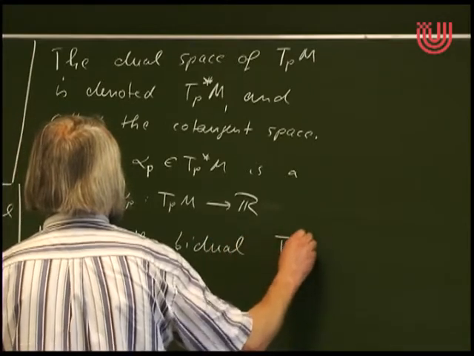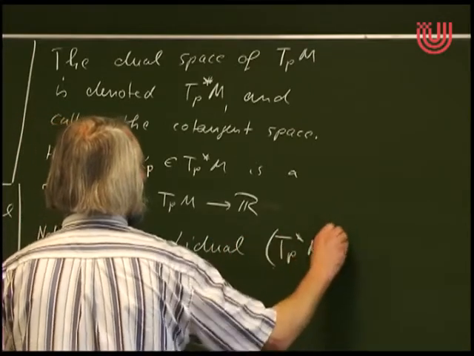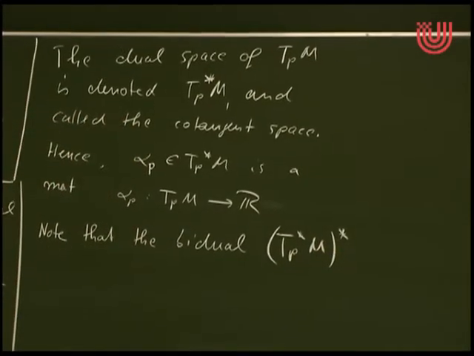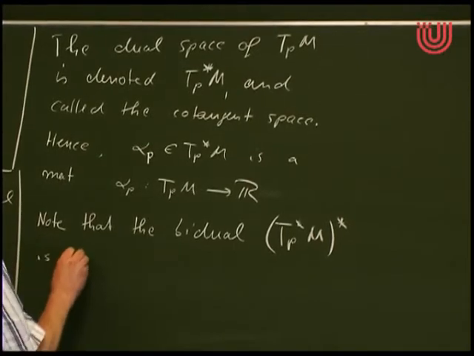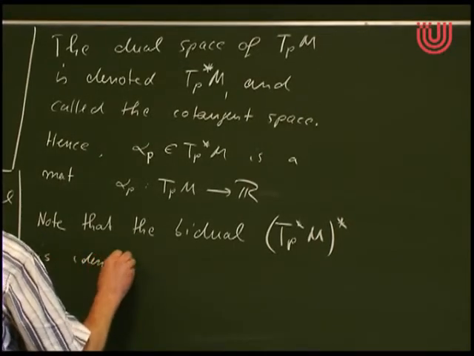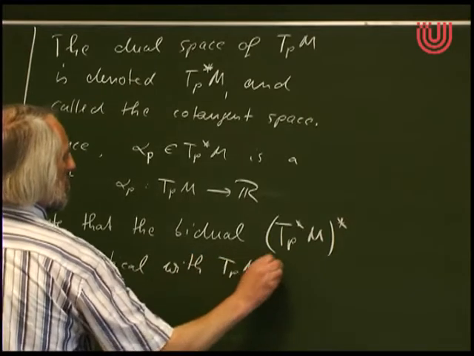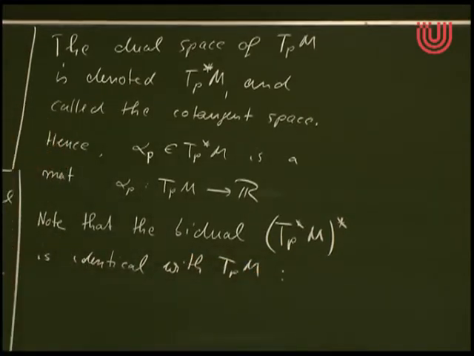So I would write this now in this way with a bracket around TP star M. Is identical with TPM. And how does this work?